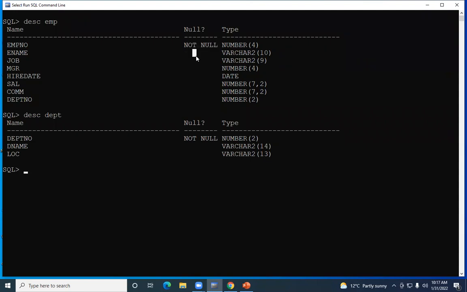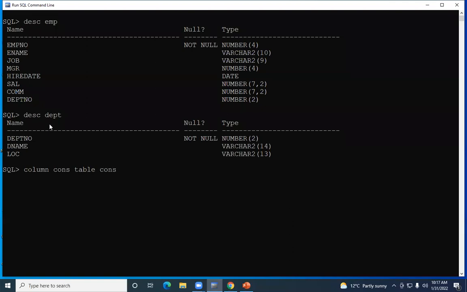So how can we put all these constraints? Because these tables are already created by the user Scott. If we create our own table, how can we put constraints on it? First of all, understand that there are two types of constraints, which are known as the column constraints and the table constraints.